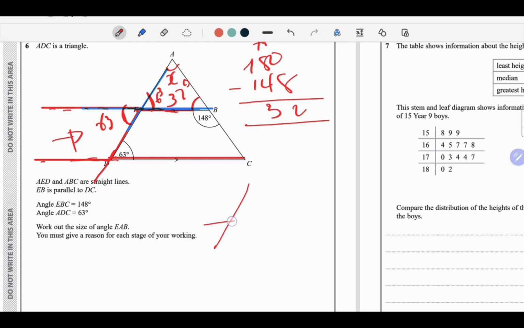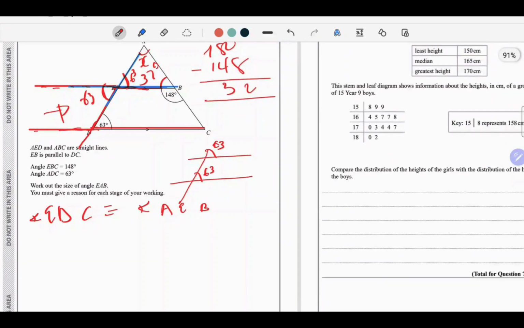Or I just realized you can just extend these like so, and what do you notice? These are corresponding angles. Angle EDC corresponds to angle AEB. That's even an easier way to do it.